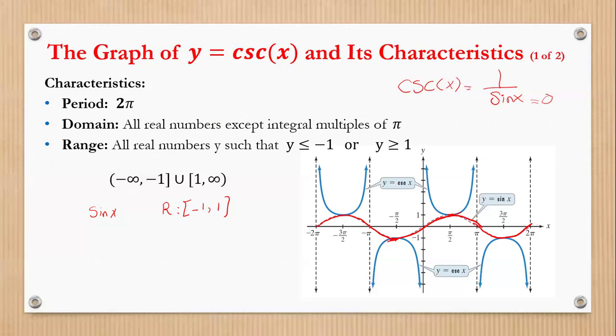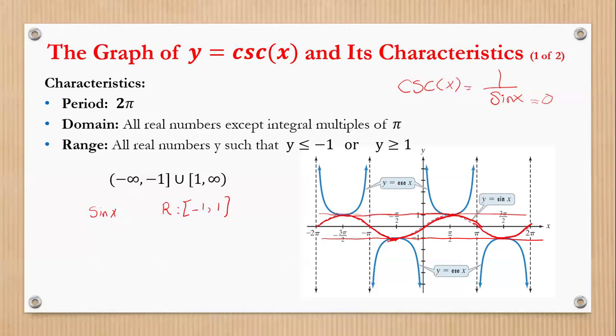So these blue curves are the cosecant function. And we know that the range of the sine is from -1 to 1. And it's obvious that the cosecant cannot be in this part of the y-axis. So we can have any y values except the numbers that are within -1 to 1, because -1 to 1 is the range of the sine, and those numbers cannot be part of the cosecant.